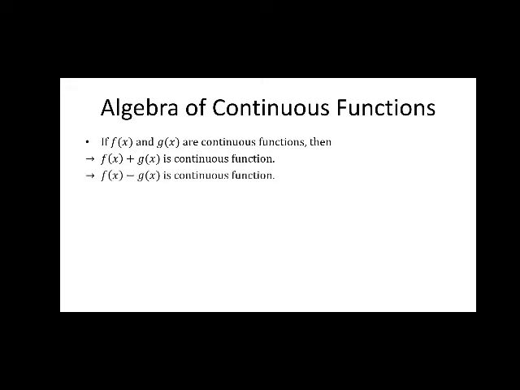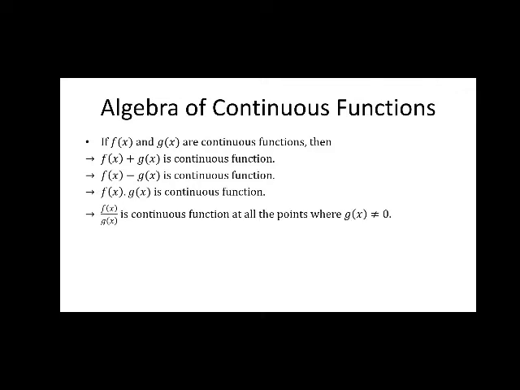Next, f(x) minus g(x) also will be continuous, which is obvious. Then f(x) into g(x) will also be continuous, no doubt about that. Now the only one, the fourth one, f(x) by g(x), will be continuous at all the points except at those points where g(x) is 0. So if g(x) is not 0 at any point, then it will be continuous everywhere.